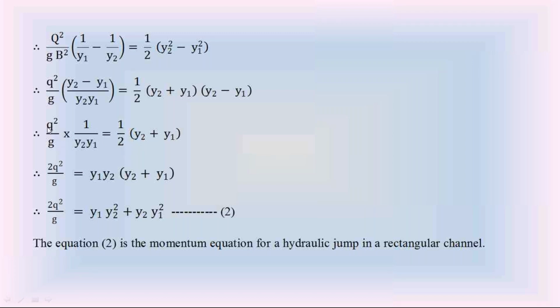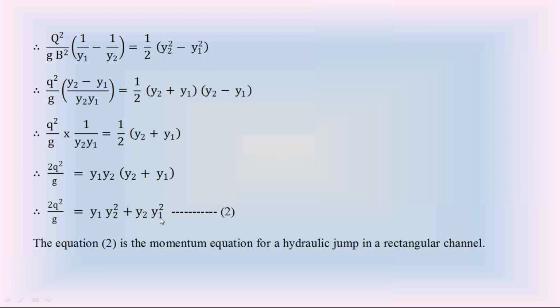The equation becomes 2q square by z is equal to y1 y2 into y2 plus y1. Then expand this right hand side. So you will get 2q square by z is equal to y1 into y2 square plus y2 into y1 square.